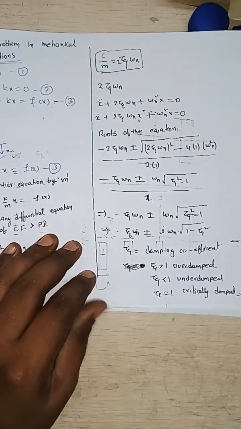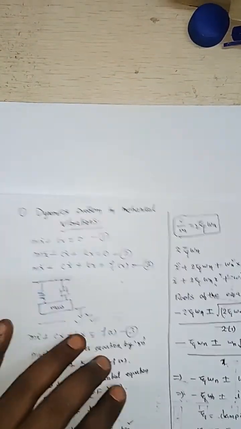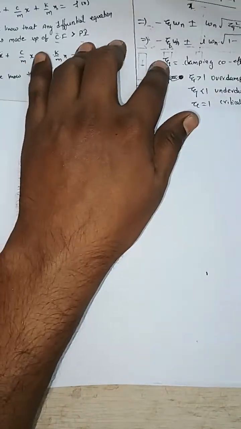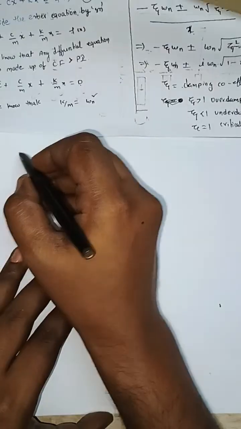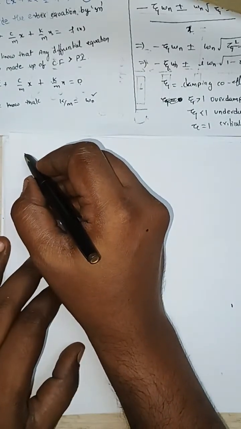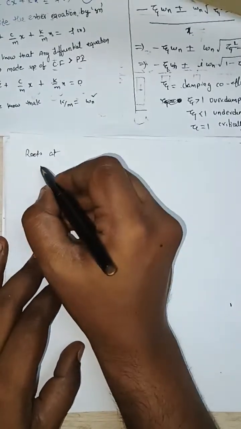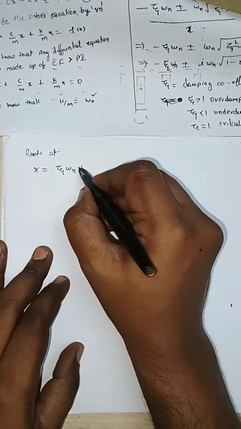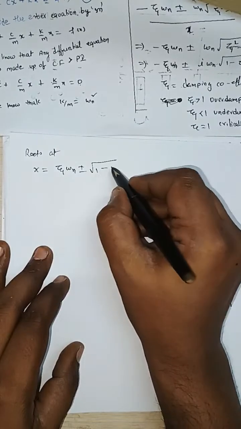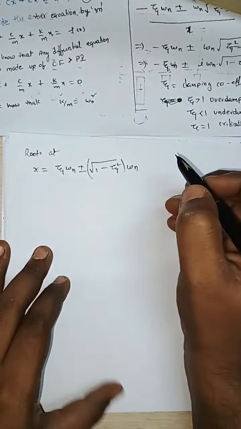This is called critically damped. Okay, now moving further, after this we got the roots as s is equal to minus zeta omega n plus or minus square root of 1 minus zeta square into omega n.